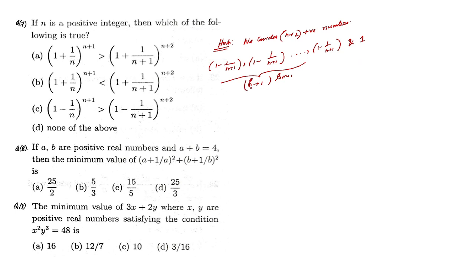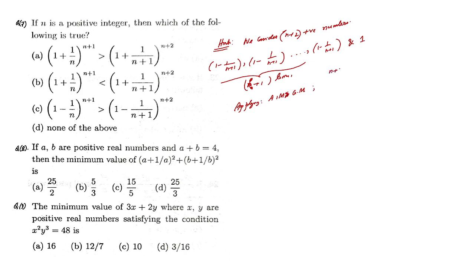N plus 2 positive numbers we have chosen. Among these, n plus 1 are the same number, and you will apply the inequality AM greater than or equal to GM. In fact, all the numbers are not equal, so you will apply AM greater than GM.